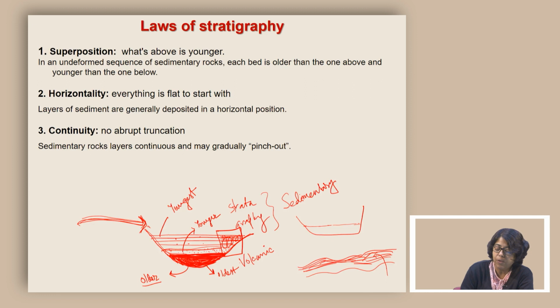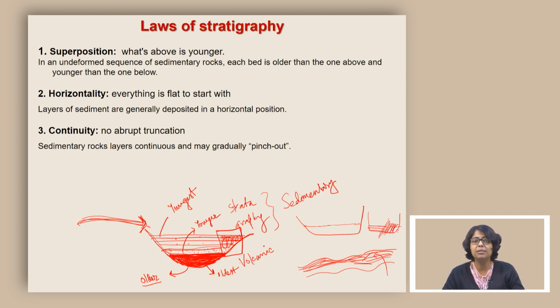Now, if you find a rock section where the pattern looks something like this, so you have layer upon layer, but then there is a break and then maybe you do not really see any layers in this side, that says that initially it has to be a continuous layer and later things got disturbed.